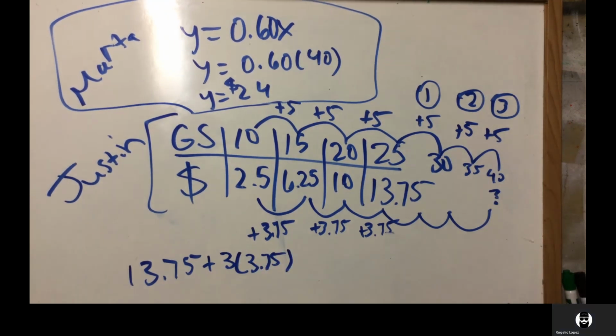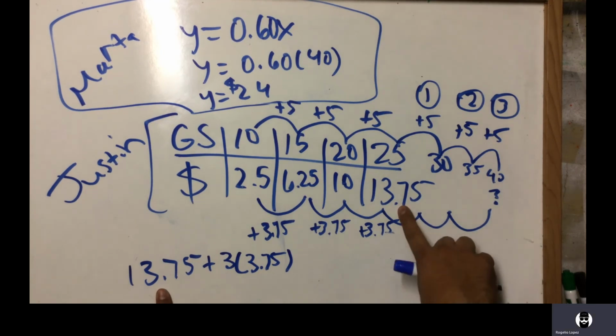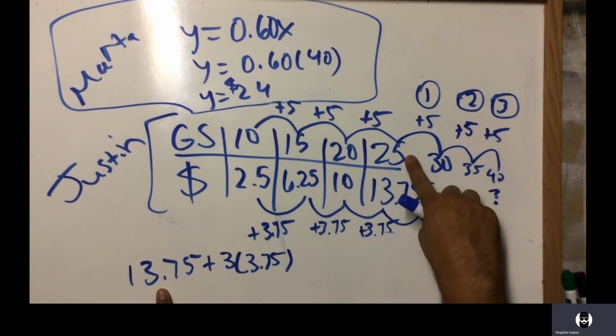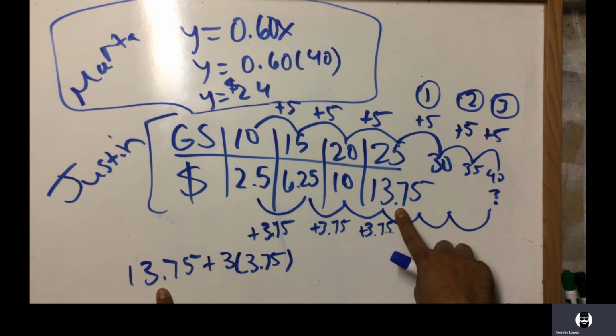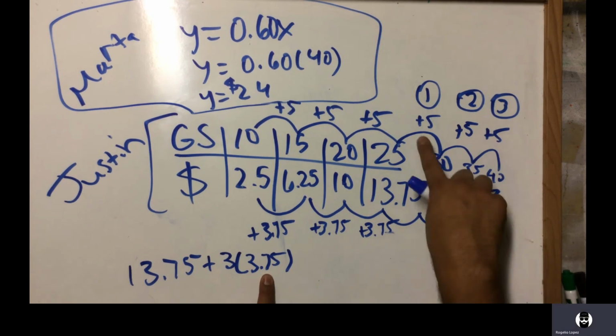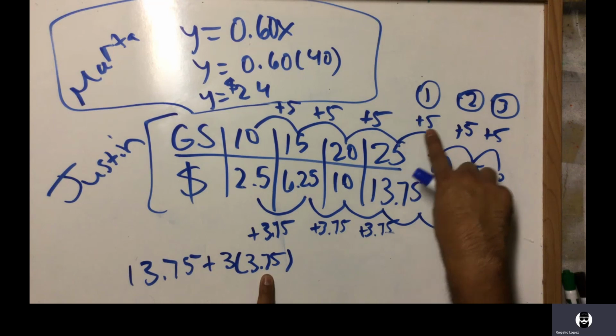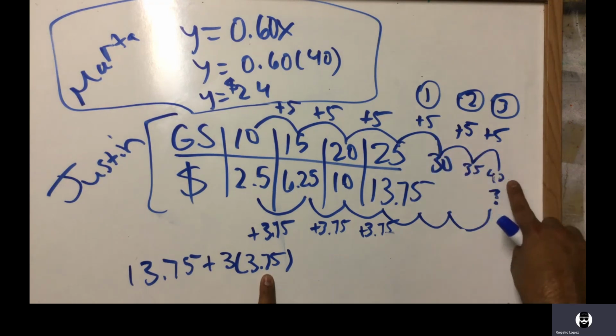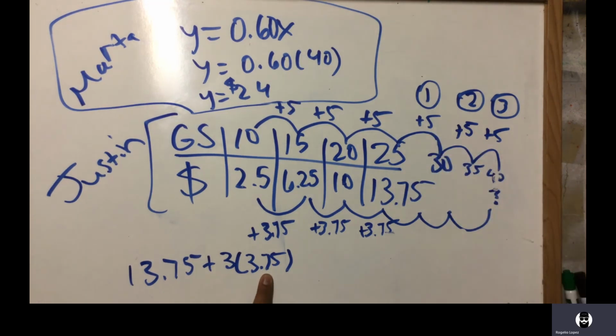Okay. So again, this is what he had already made, because he had sold 25 already. He had already made $13.75. And now we're adding the 3 more jumps that he does: this one, this one, and this one. Because to get to 40, we have to jump 3 more times. So we go +5, +5, +5, and that'll get us where we want to be, 40.